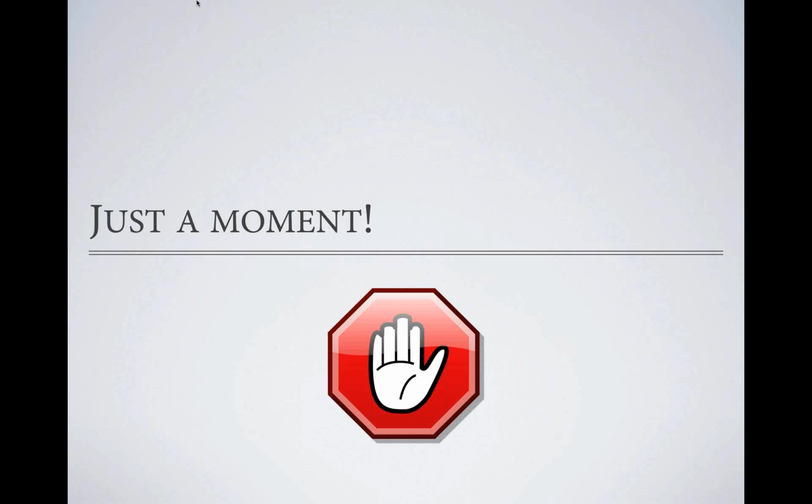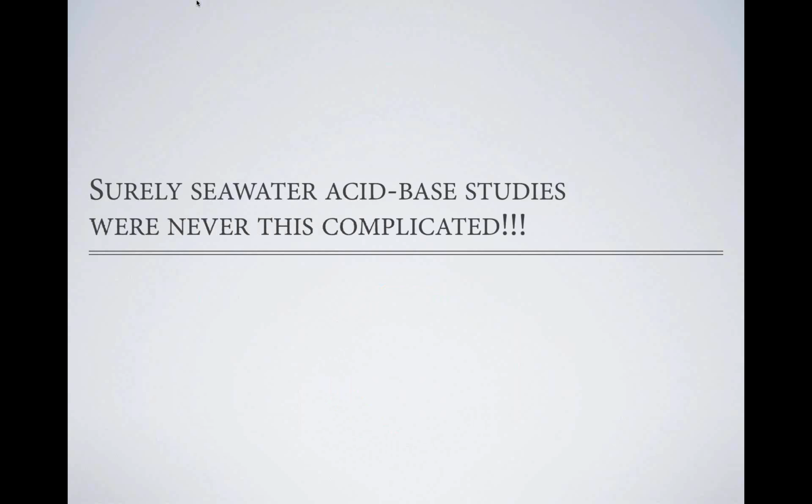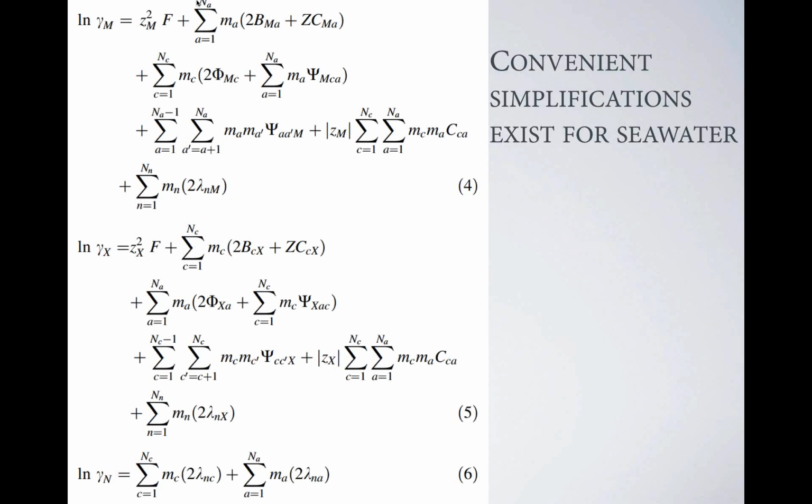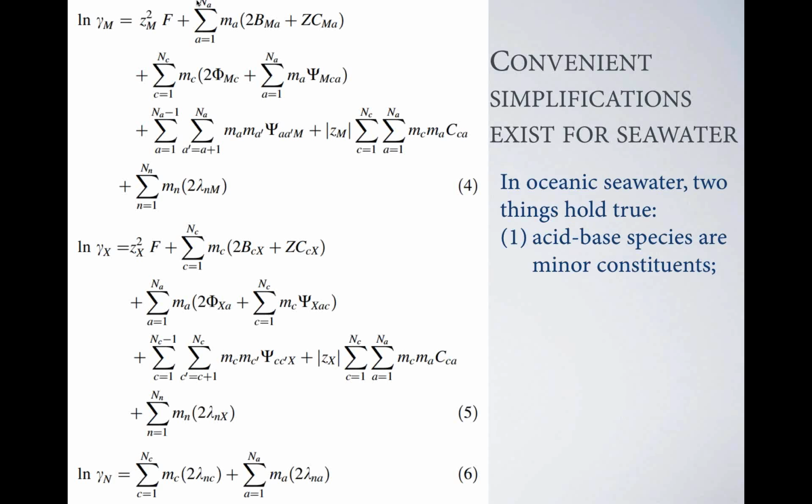Now, probably you'll be going, just a moment, surely seawater was never this complicated. And the answer is not usually, because convenient simplifications exist for seawater. In oceanic seawater, two things hold true. First, the acid-base species are minor constituents.